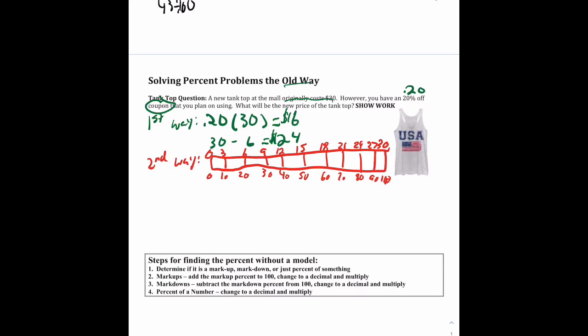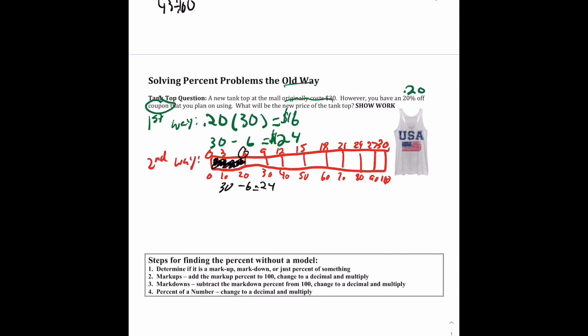And then we know that the shirt is 20% off, so you could take this first 20%, these two blocks, shade that, get your answer of 6, and do 30 minus 6 equals 24. Get your answer that way.